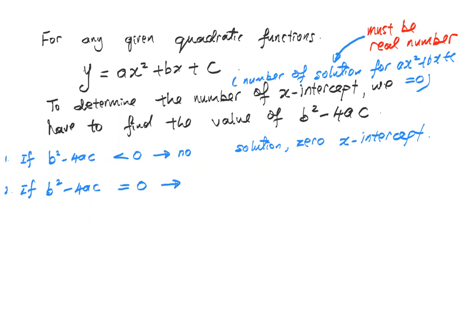Okay, if b squared minus 4ac equal to 0, what is the implication? Real and equal root. Okay, you don't have to know the meaning of the root. The most important thing, you have to know how many solution? One solution.